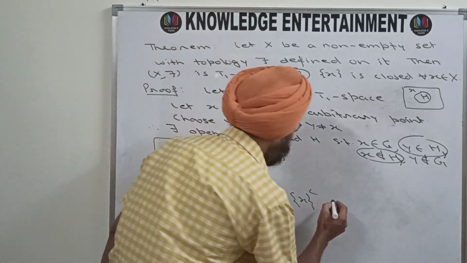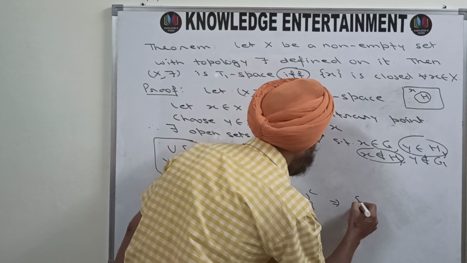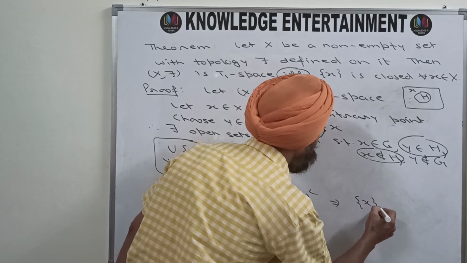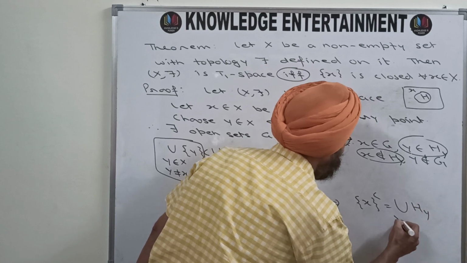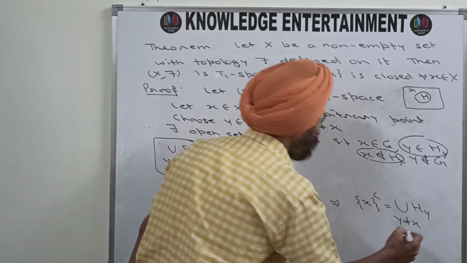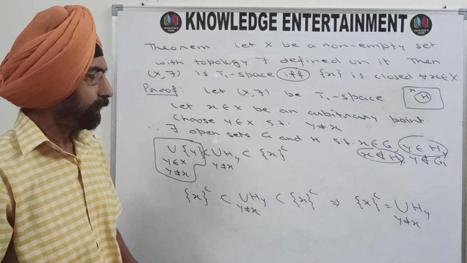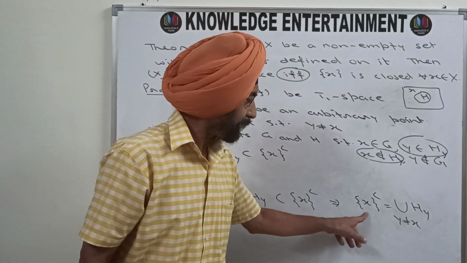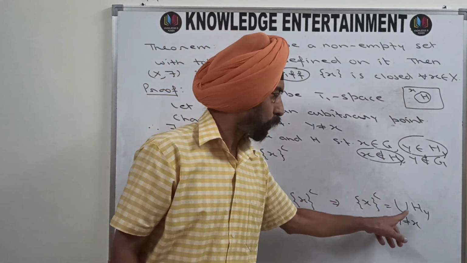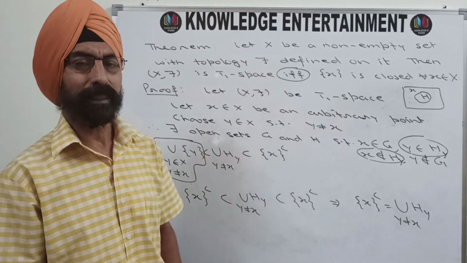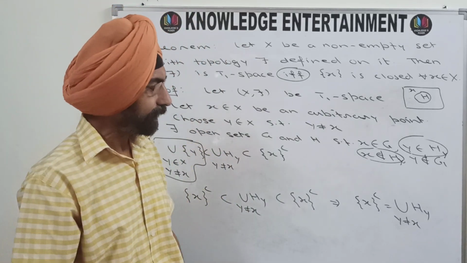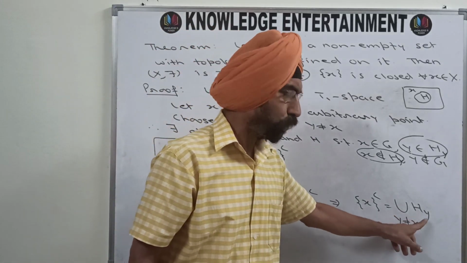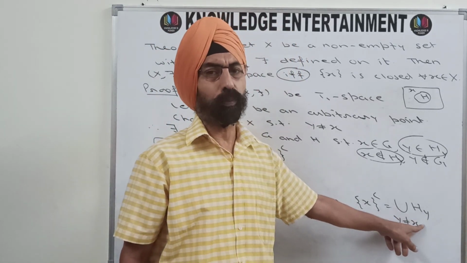So from here you can deduce that the complement of singleton set X is equal to the union of all open sets HY where Y is not equal to X. Now, the complement of singleton set X is a union of open sets. And from our previous knowledge, we know that an arbitrary union of open sets is open.